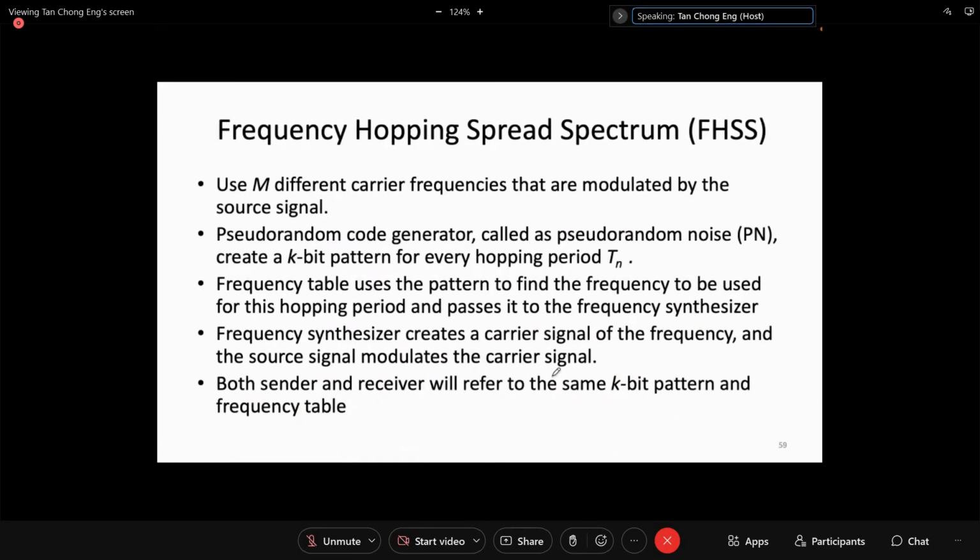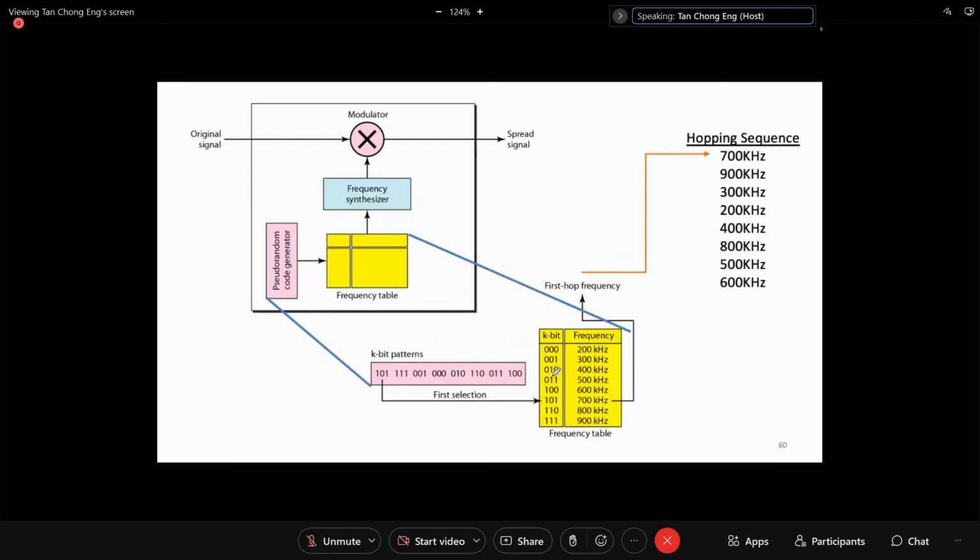As for frequency hopping, it is like hopping around. The frequency is hopping around, so you don't use the same frequency to transmit all the time. For example, look at this hopping sequence that I'm drawing. The hopping sequence is 700, then 900, 300, 200, 400, 800, 500, 600. So this is one sequence. You first start transmission at 700 kilohertz.